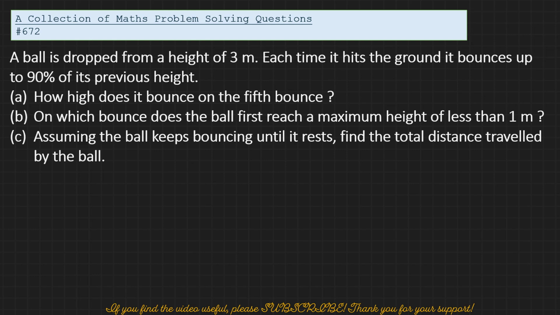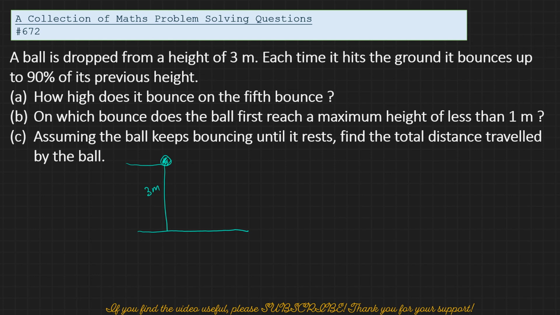So we assume the ball is being dropped from the platform and it falls down. So this would be 3 meters, and that's the first, it's like count of 0.